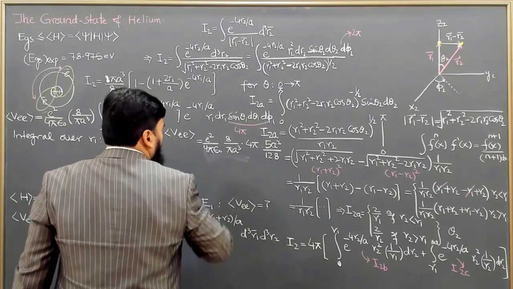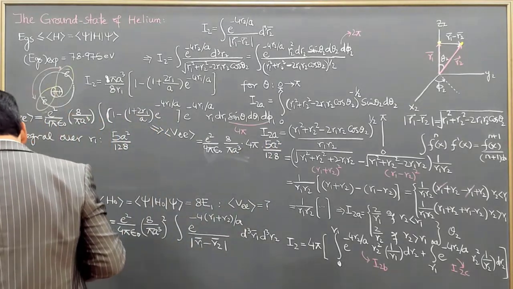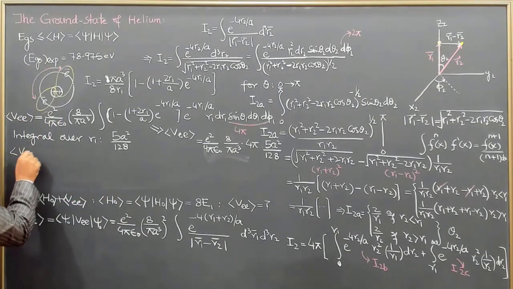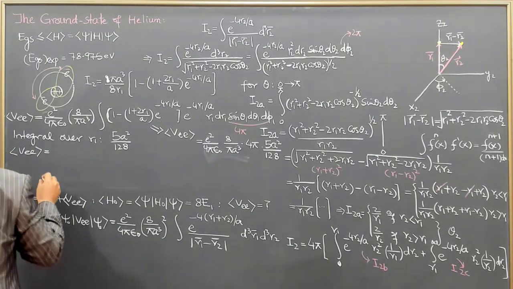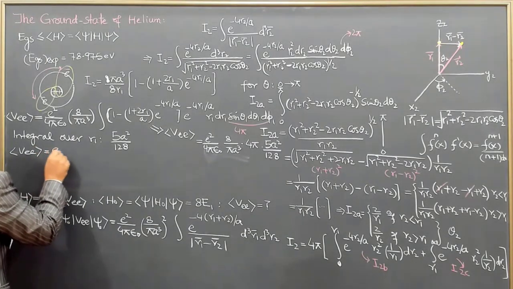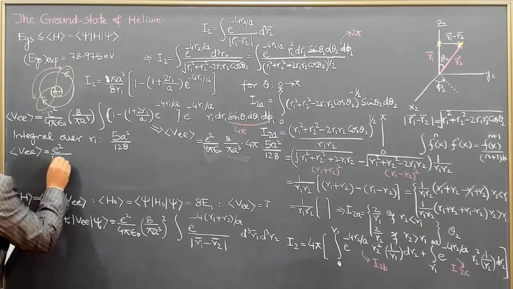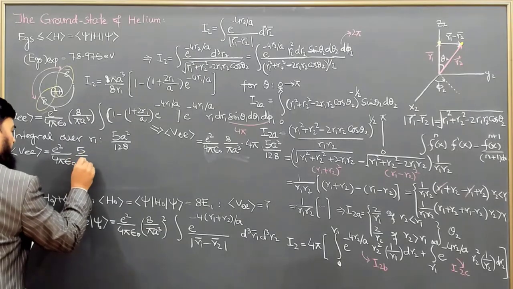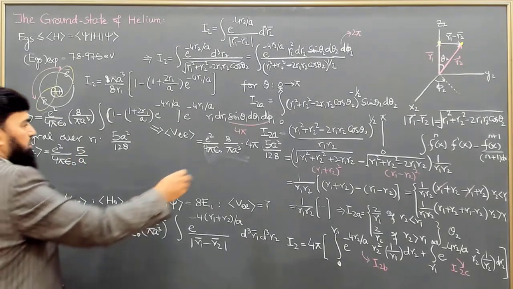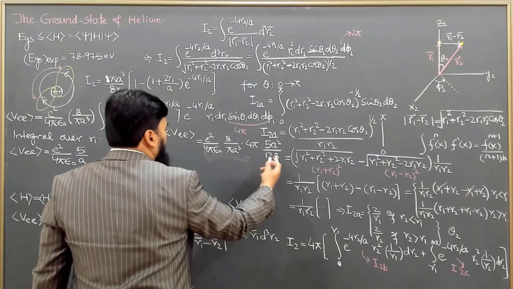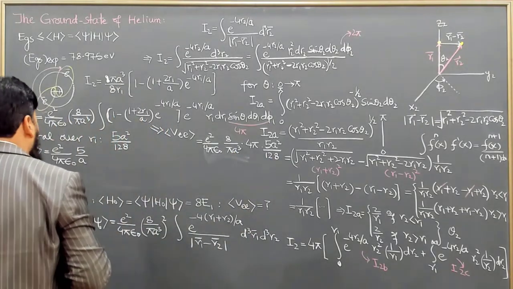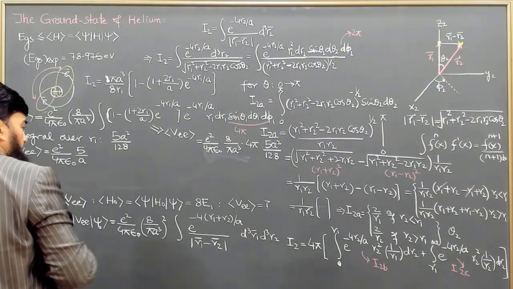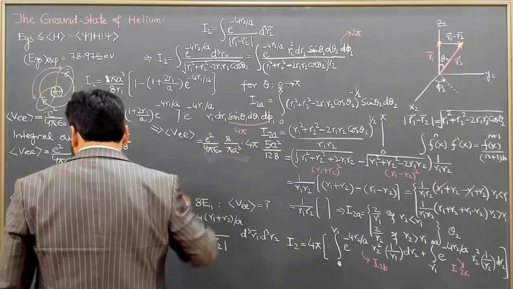The a square will simplify with this, so I will get the result V_EE is equal to e square over 4 pi epsilon naught, and 5 over a remains there, while the rest simplifies.